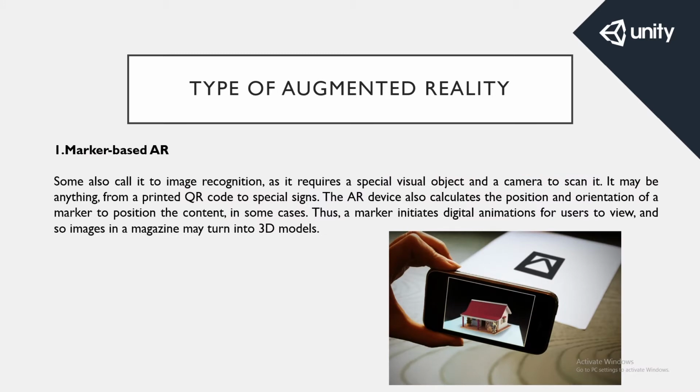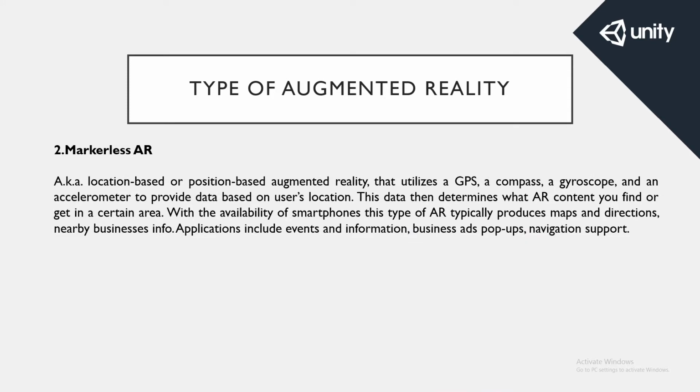Marker based is just a picture, and then we will upload the picture to Vuforia. We will do it later. This is marker based. This is markerless, where we can use a GPS, a compass, or a gyroscope.